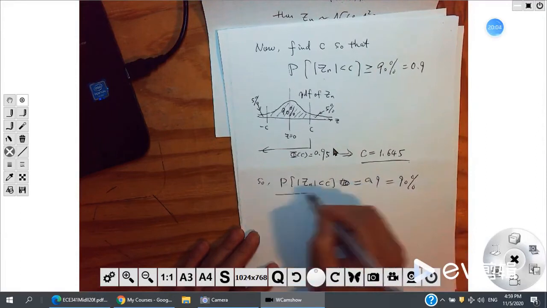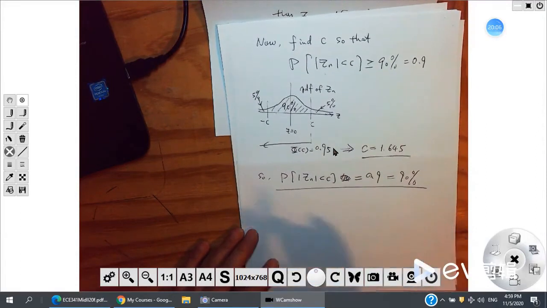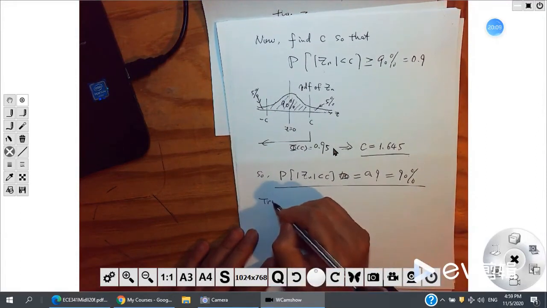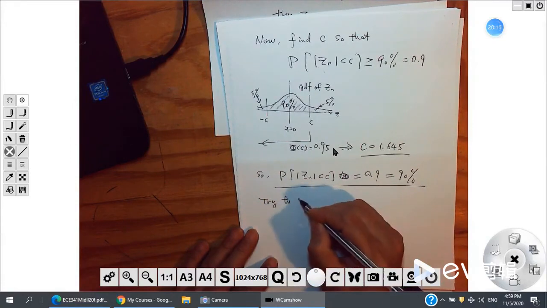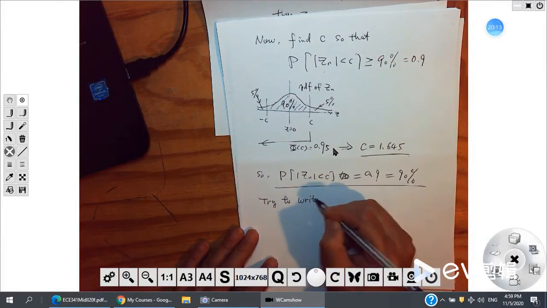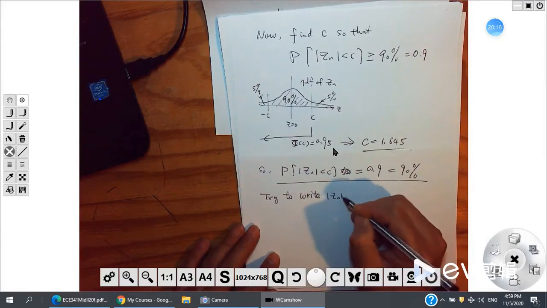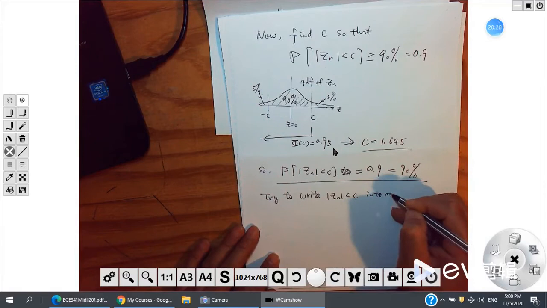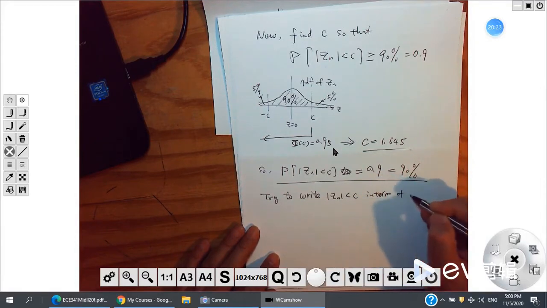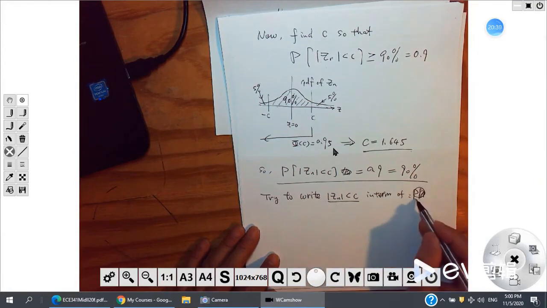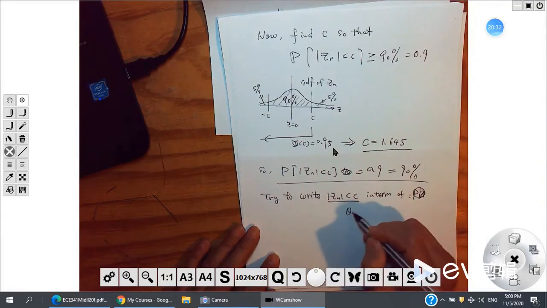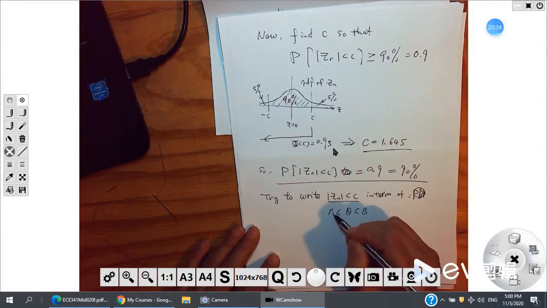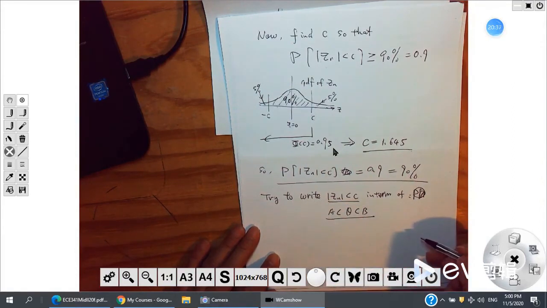Now try to rewrite this part, |Zn| smaller than C, in terms of an interval, like a set smaller than some b, larger than some a, things like this.